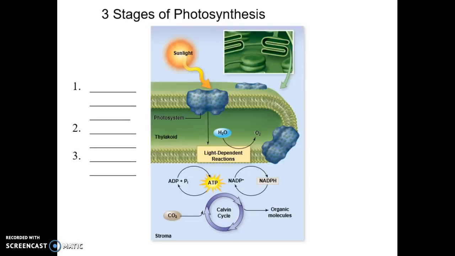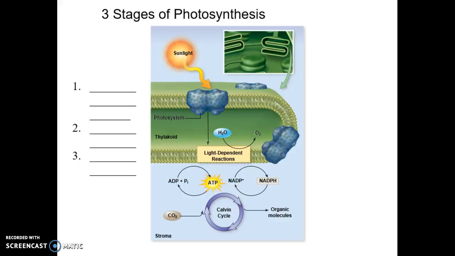Now, in cellular respiration, we talked about NADH. That was a little wheelbarrow. In photosynthesis, NADPH is the plant version of the wheelbarrow. It's a carrier. It picks up hydrogens and electrons and carries them from one part of the reaction to another part of the reaction. It's going to do the same basic function that we saw back in cellular respiration.